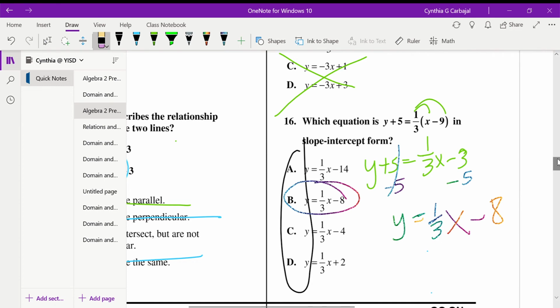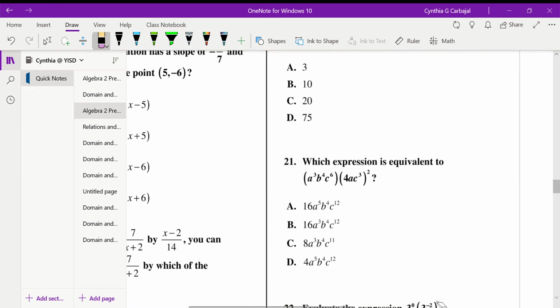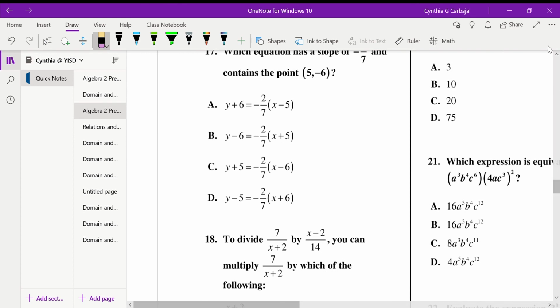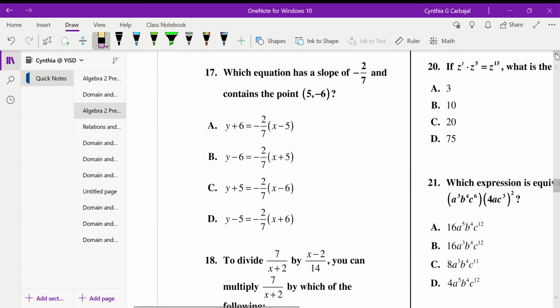Next, number 17. Okay. It says, which equation has a slope of -2/7 and contains the point (5, -6)? So this is written in point slope form, which is y minus y1 equals m times (x minus x1), where this is my x1 and y1.